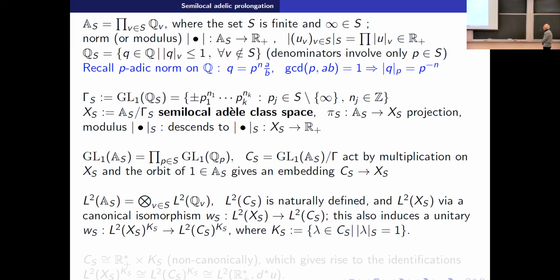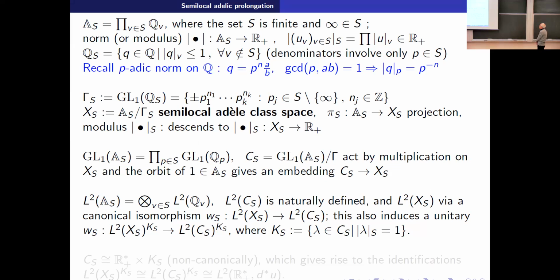Okay, so that's the setup in which you want to define the corresponding Hilbert spaces. For the A_S, there is no problem to define L2 of A_S because you have Haar measures on every factor. L2 of C_S is also defined in a natural way because you also have invariant measures.